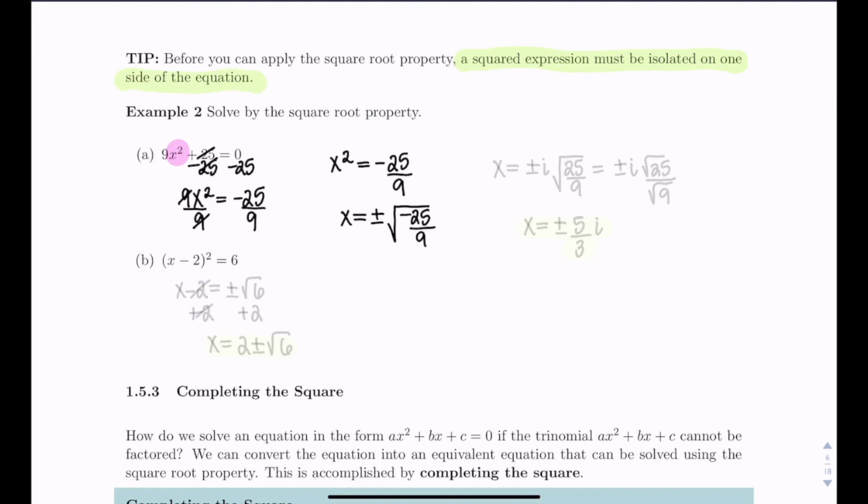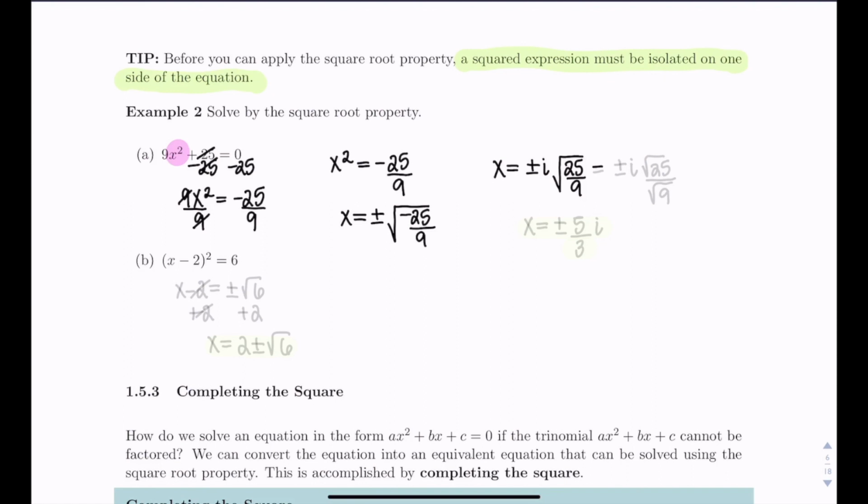Now we can simplify this a little bit. We know that a negative underneath the square root can be pulled out as an i. So we have x equals plus or minus i times the square root of 25 over 9. And by the quotient rule, we can split a square root with the fraction into a square root on the top divided by a square root on the bottom.